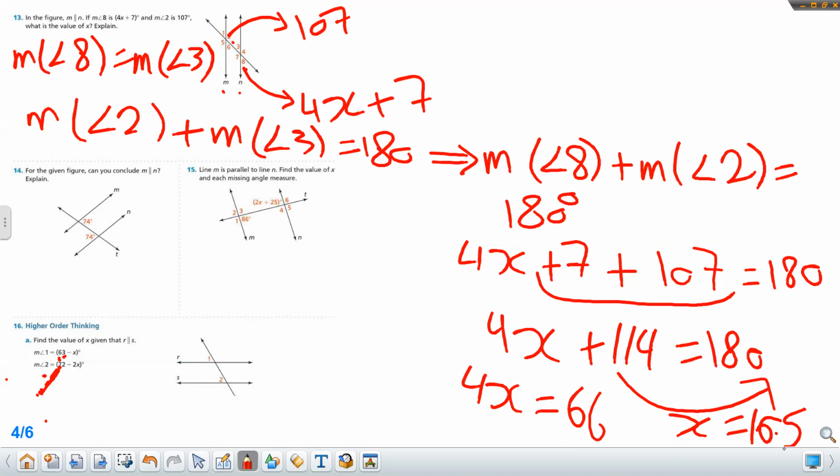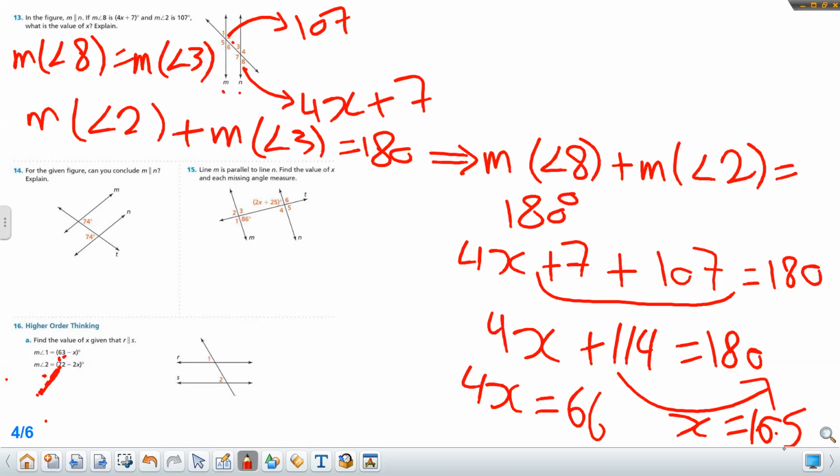Then what about number 14? For the given figure, can you conclude whether m is parallel to n or not, and explain? First, m parallel to n, yes or no? Yes, good guys, good girls.